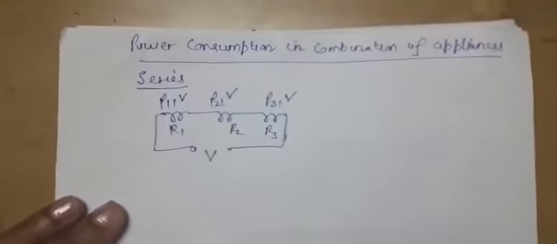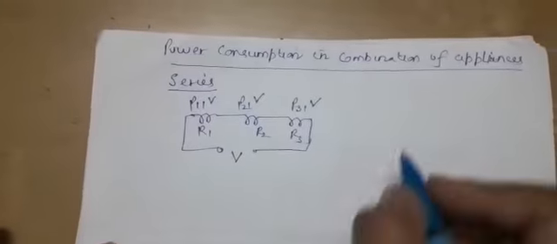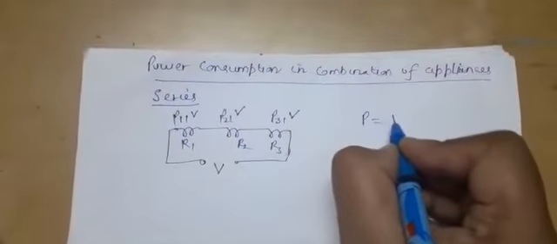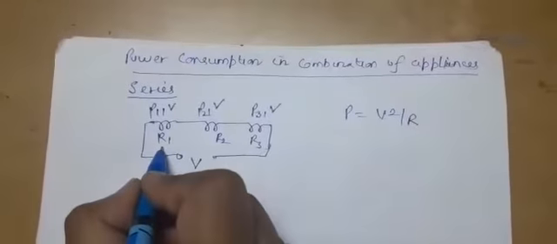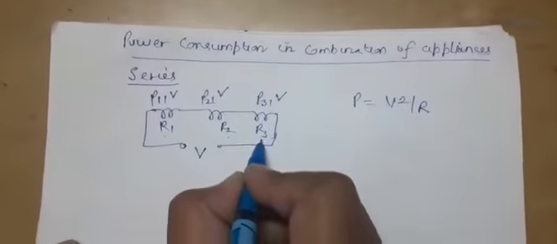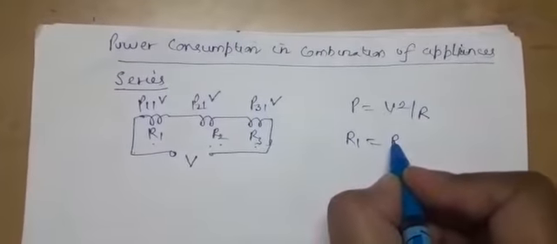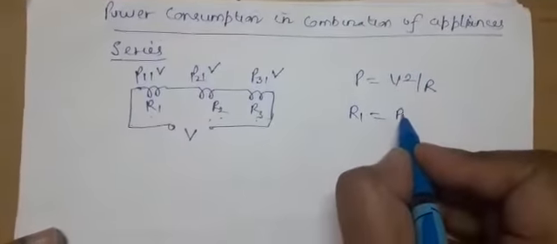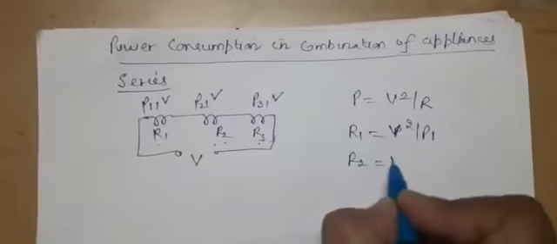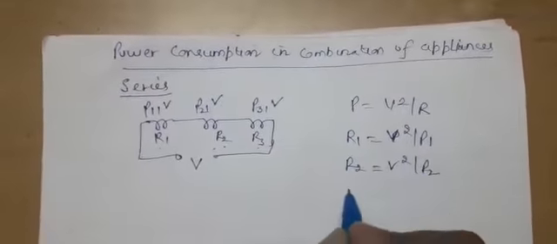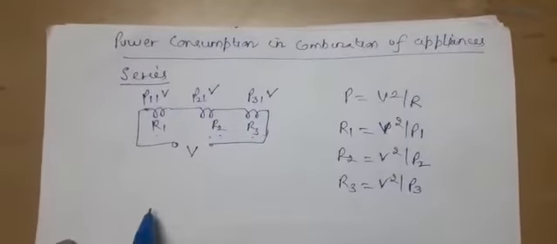Now what will be the combined power for this series combination? We know that P is equal to V square upon R. So the resistance of each of the 3 components is: R1 is V square upon P1, R2 is V square upon P2, R3 is V square upon P3.